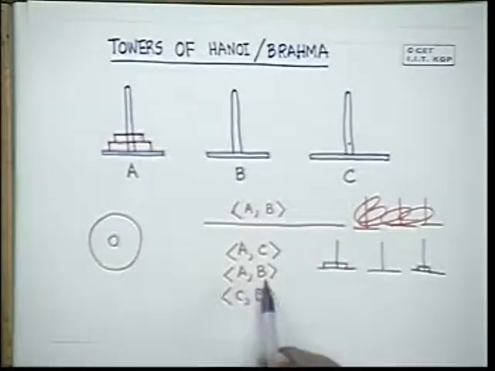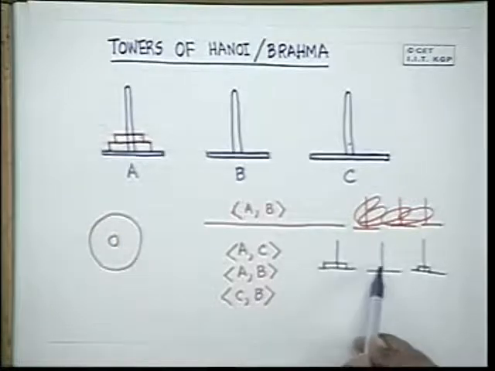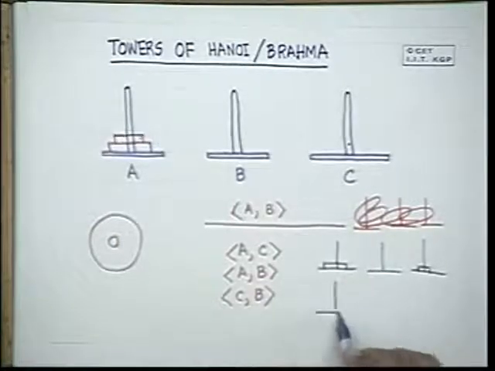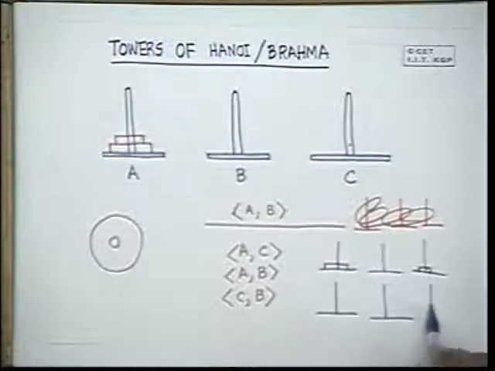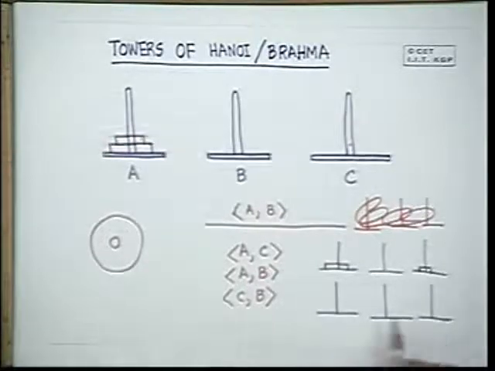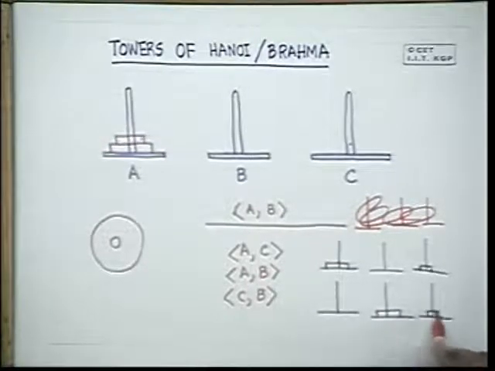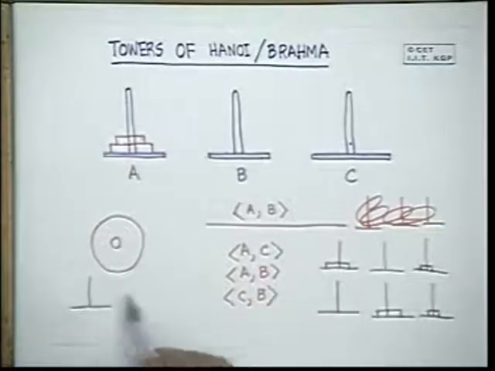Then the next, A to B, so this one will be moved here, and you will get the configuration. And the last one, C to B, this one will move here, and you will get the required final configuration.